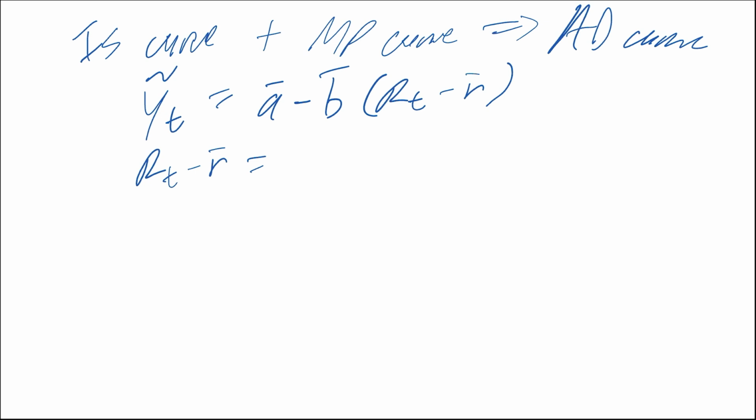Okay, what do we got here? We have m. All right, and this m is just how sensitive the central bank is to changes in inflation. So if this is higher, we're going to raise interest rates more when inflation goes up, and if this is lower, we're not going to respond as aggressively.